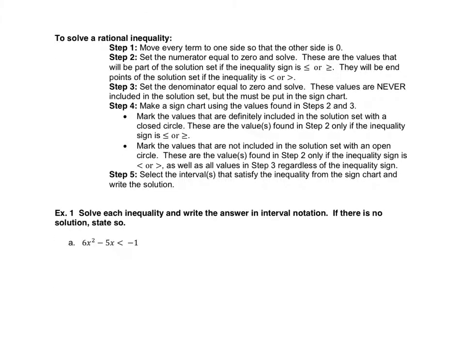Okay? And the rational inequality works the same way. It's just that because it's one function over the other, we're actually going to set the numerator equal to 0 and the denominator equal to 0 and solve to find our intervals that we're going to test.